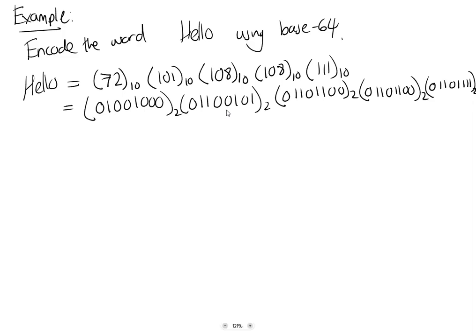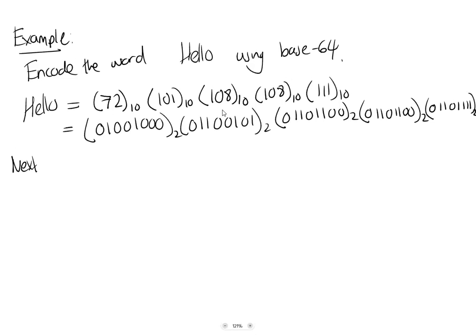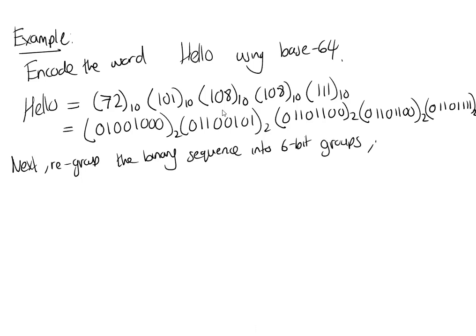The next part of the algorithm, remember what we said when you wrote it down, is that we have to regroup the binary sequence into 6-bit groups instead of 8-bit groups.